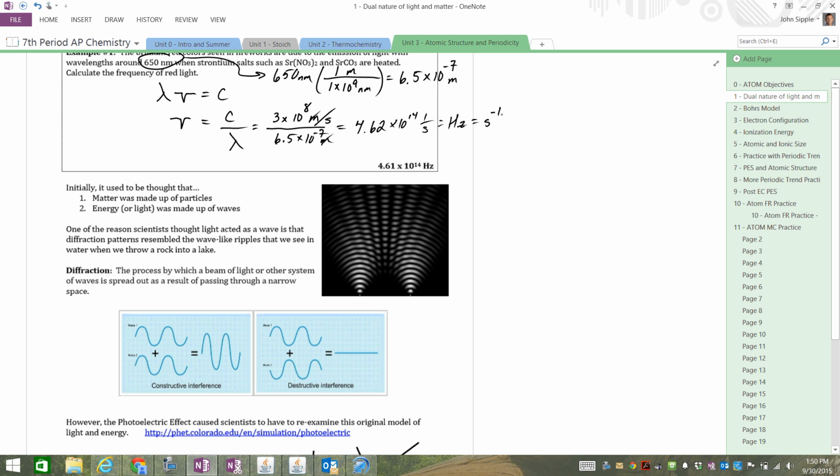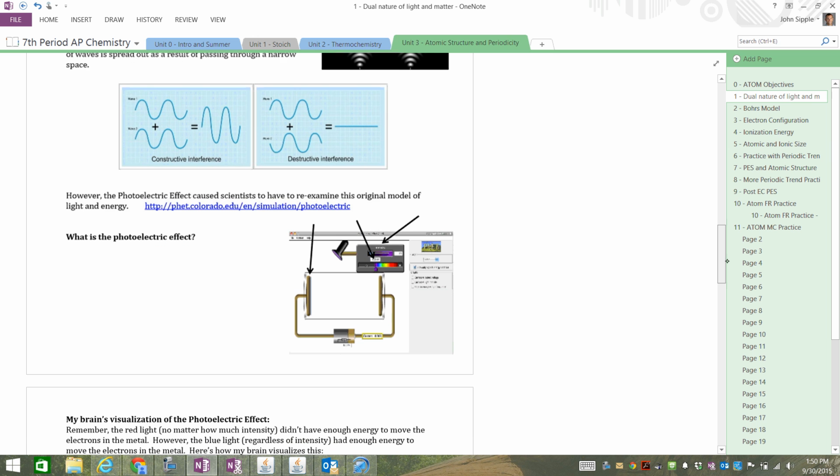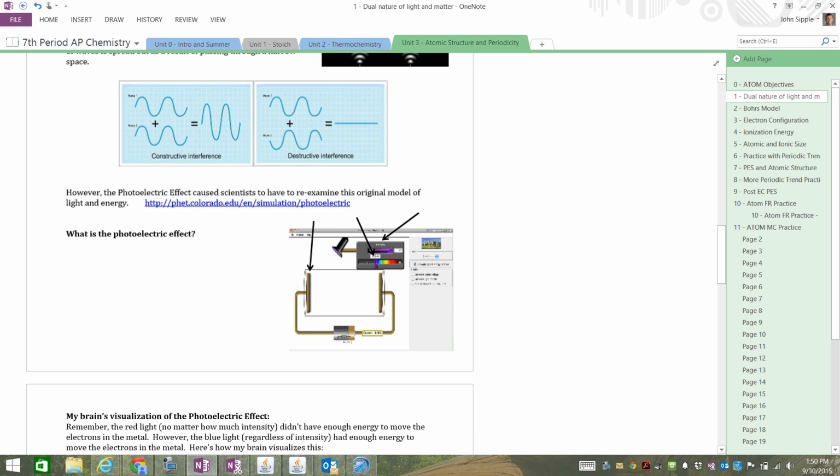So I'm going to go down here to the photoelectric effect and talk a little bit about what that is. Einstein explained the photoelectric effect and won a Nobel Prize for it in 1921.